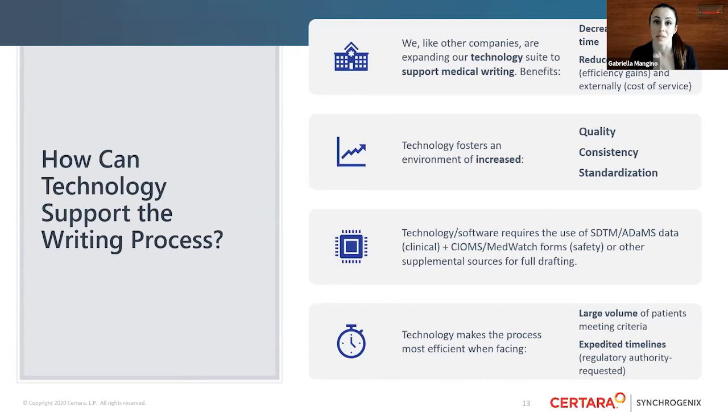You want them all to be consistent, especially same event types or similar event types. And then also standardization. If you're able to program through the use of technology that standard narrative template, that template can be used for each study. Maybe it's tweaked on a study-specific basis, but overall your submission portfolio is very consistent.